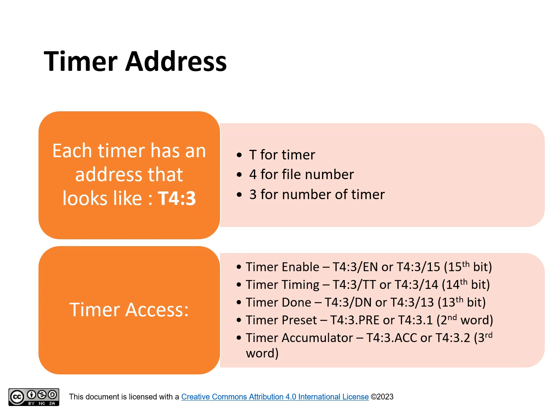Timer done, T4:3 DN or T4:3/13 on the 13th bit. Timer preset, T4:3 PRE or T4:3.1 on the second word. Timer accumulator, T4:3 ACC or T4:3.2 on word 3.